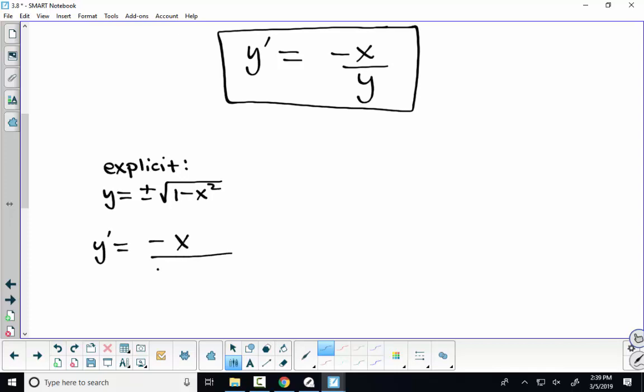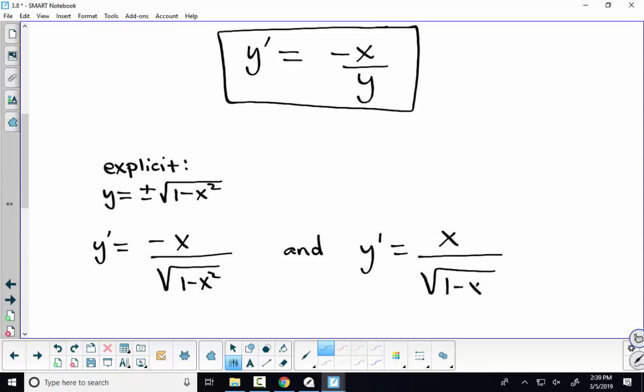Negative x over the root 1 minus x squared and x over the square root of 1 minus x squared. Does this result, negative x over y, match with that? Yeah, because y is the positive and the negative square root of this radical here, right?